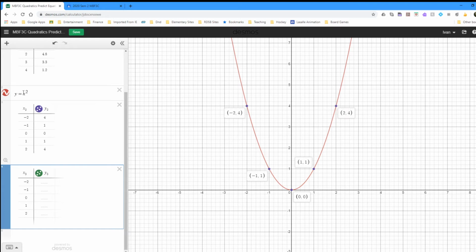Well, what does 3x squared mean? It means 3 times the x squared values that we had. Well, our x squared values are the heights of our points. So the height of my point here is 4, right? I want to do a height that's 3 times bigger than that.